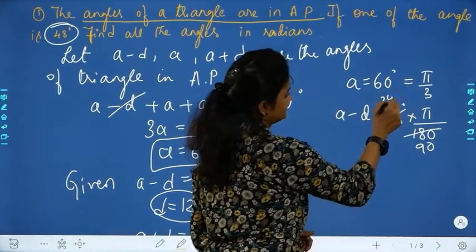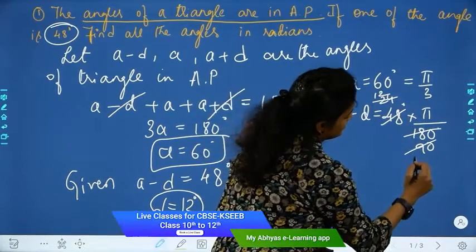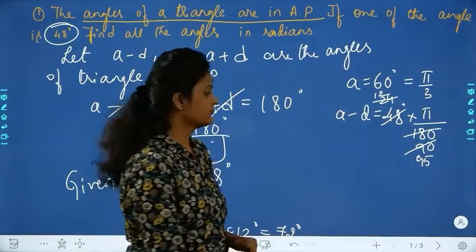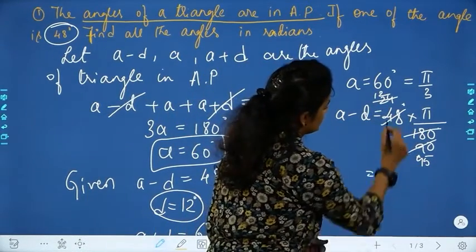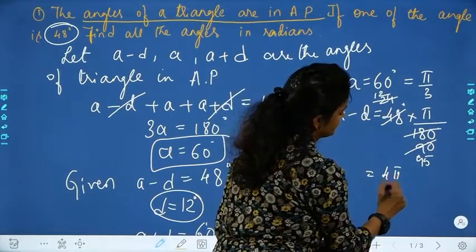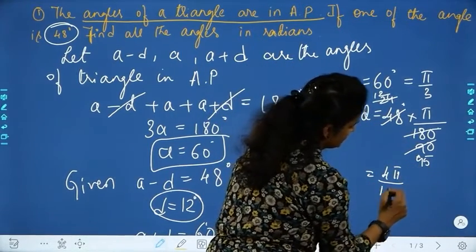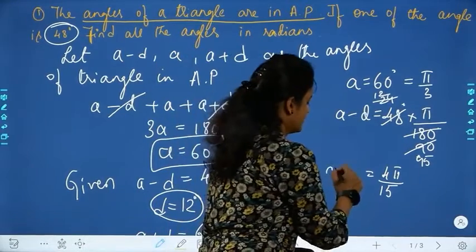You are getting 12. Here you are getting 45. So 12 pi by 45 you are getting. Again you can cancel with the 3. So here 4 pi and here 45. So you will get 15. 4 pi by 15 you will get for this A minus D.